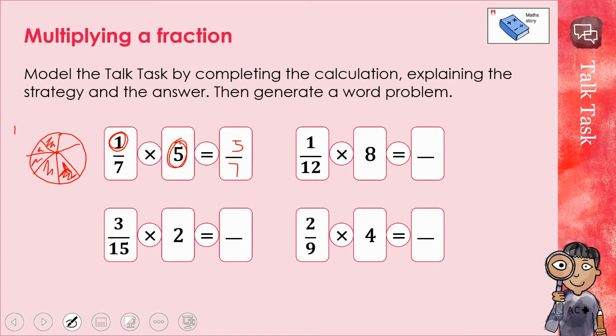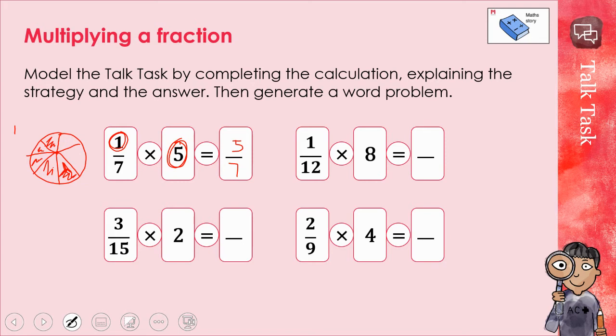I've taken 5 lots of a seventh of the pizza, and that is equal to 5/7. Okay, so there's some different ways of visualizing it, but for those of you who just want to make it nice and simple, what we're doing is we're keeping the denominator the same and we are multiplying the numerators by the whole number. Okay, so pause the video now and do these ones, please.